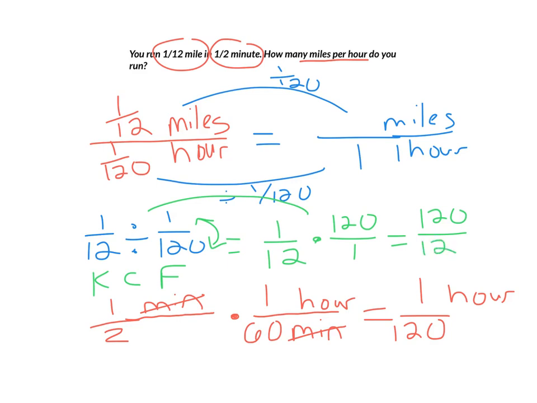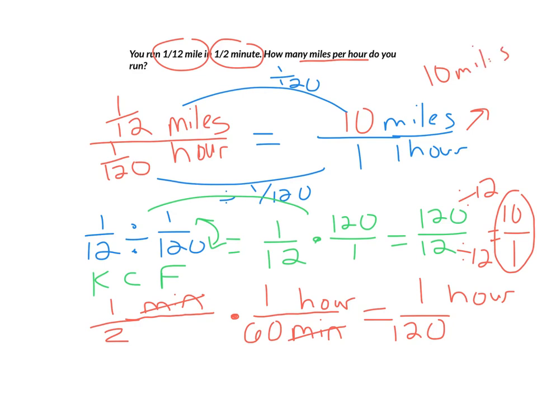And then when we look at this, we can divide the top by 12 and the bottom by 12. 120 divided by 12 is 10. 12 divided by 12 is 1. So now 10 divided by 1 is our answer. And so that would say 10 miles per hour.